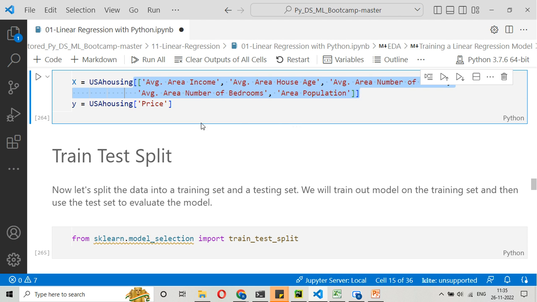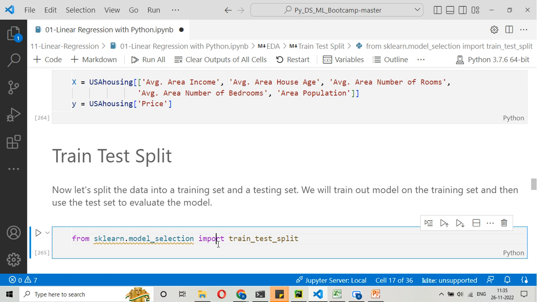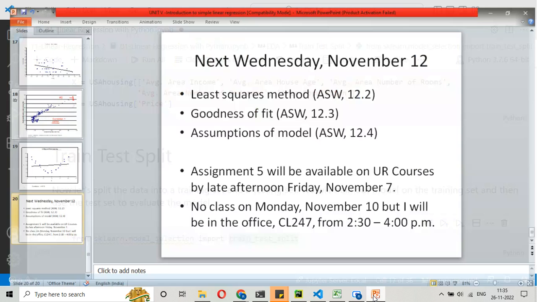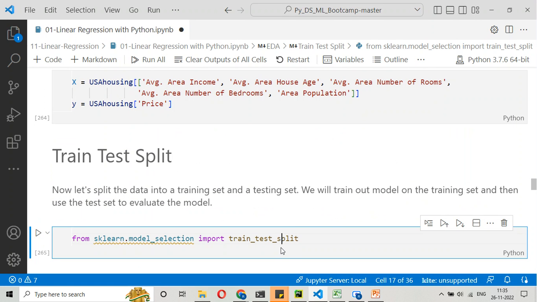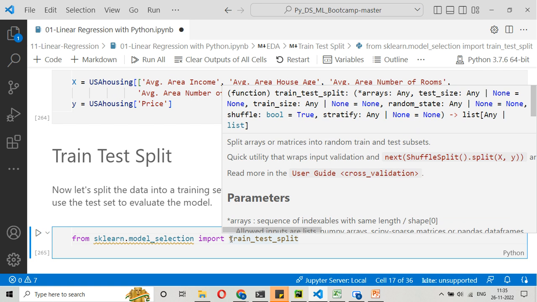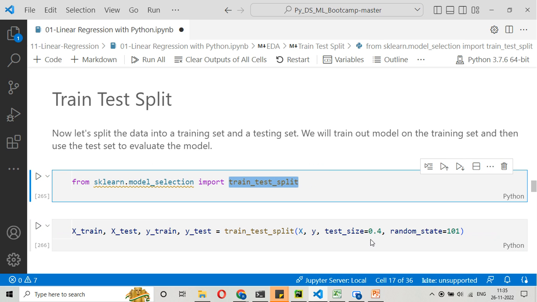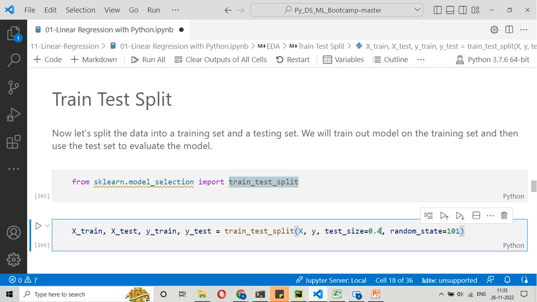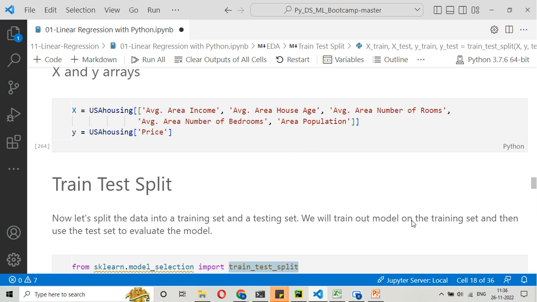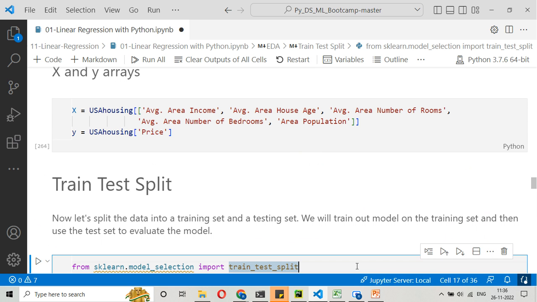So there is one more classic step. You have to split the data into train and test. When I said this model should be tested also, in machine learning you already have some libraries which can do it for you. And here, when you set test size as 0.4, you are saying I need only 40% of the data as the testing set, and the remaining as the training set.